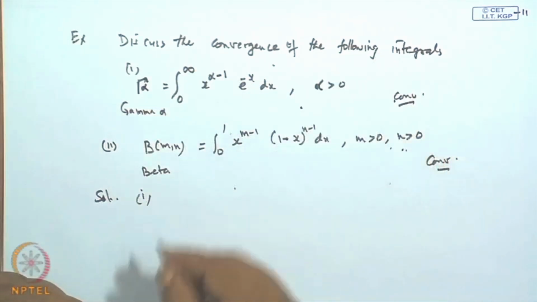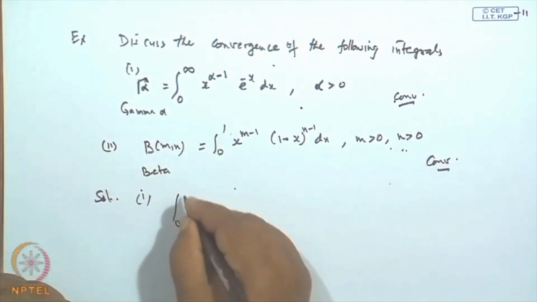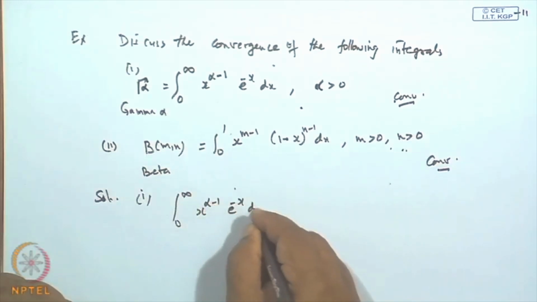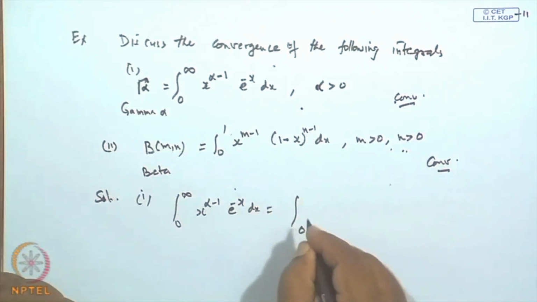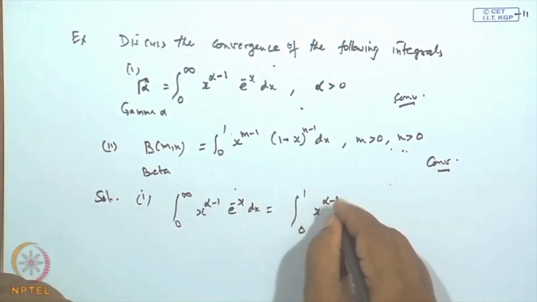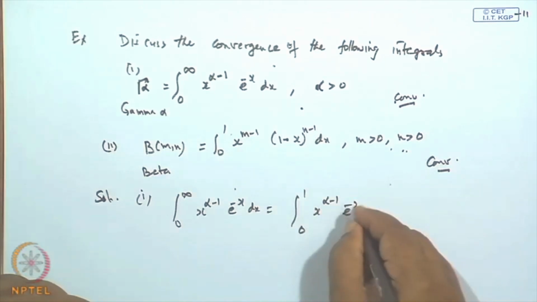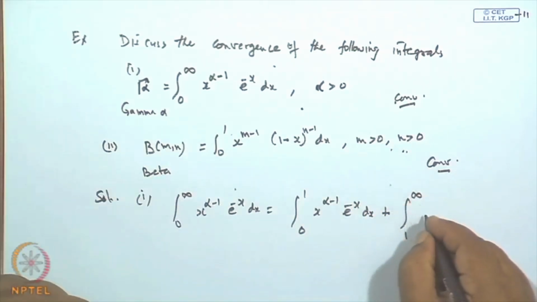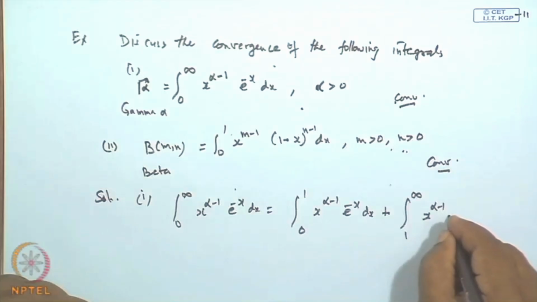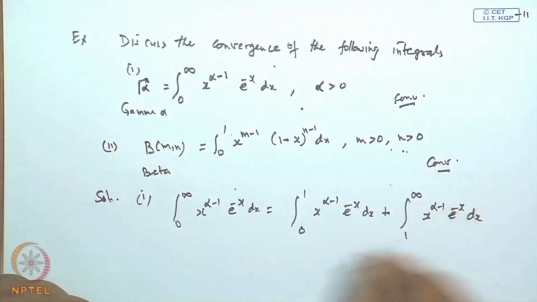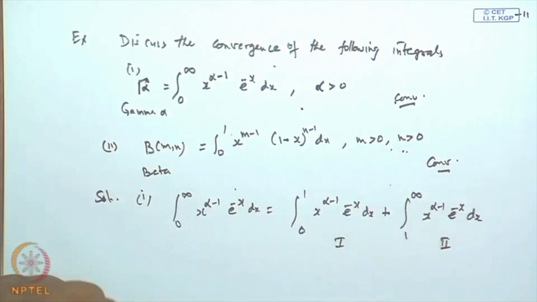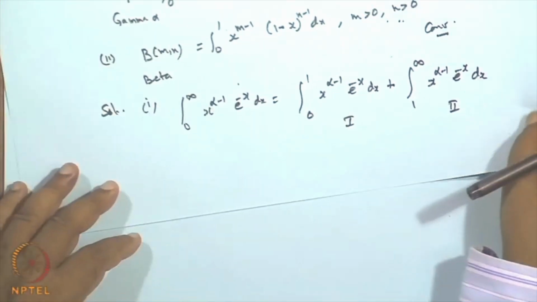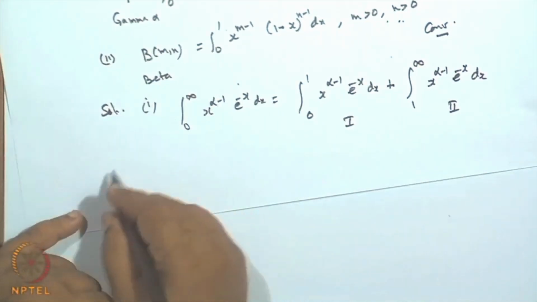So we will divide this integral 0 to infinity x to the power alpha minus 1 e to the power minus x dx as 0 to 1 x to the power alpha minus 1 e to the power minus x dx plus 1 to infinity x to the power alpha minus 1 e to the power minus x dx. So this is the first integral, this is the second integral. Two parts.